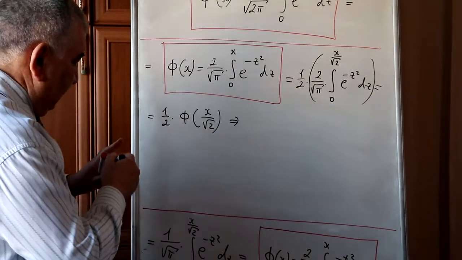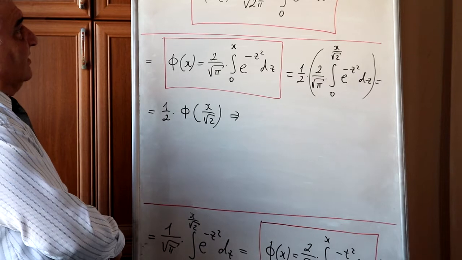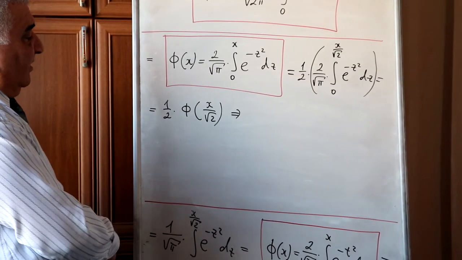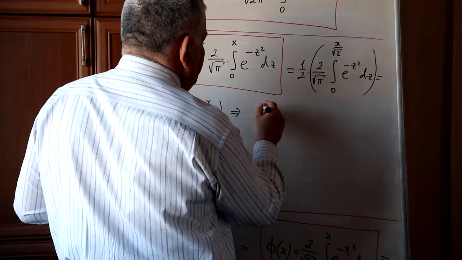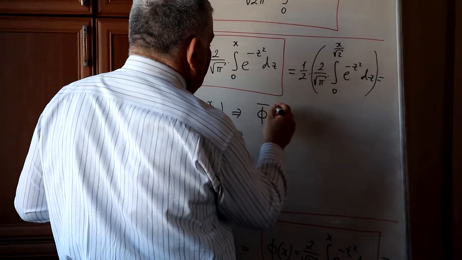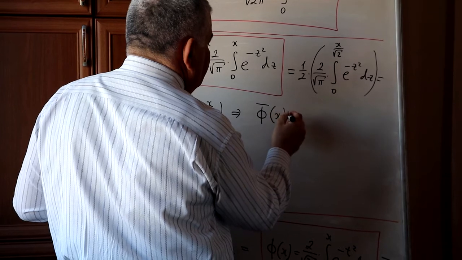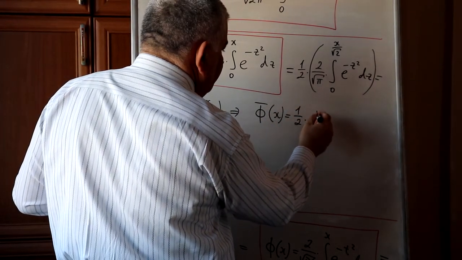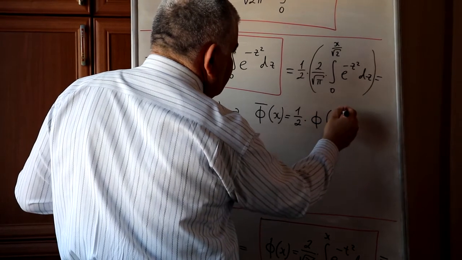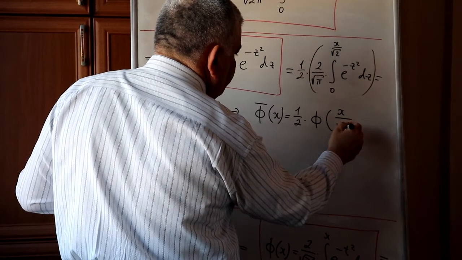Thus we obtained the expression of the Laplace function by means of the error integral. That is, phi capital bar of x is equal to 1/2 multiplied by phi of x over square root of 2.